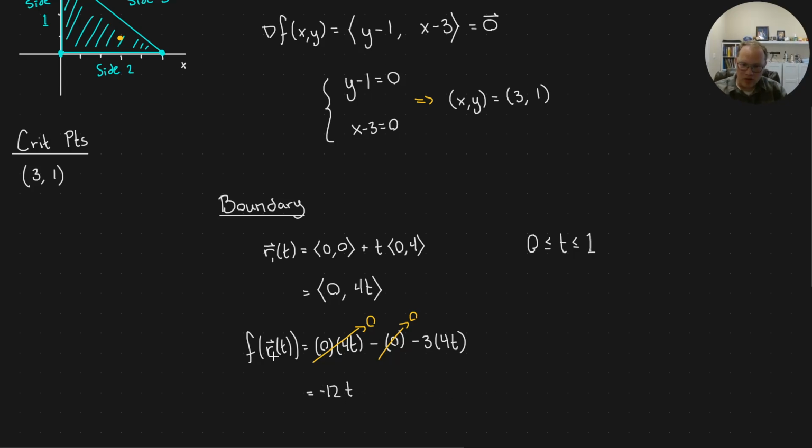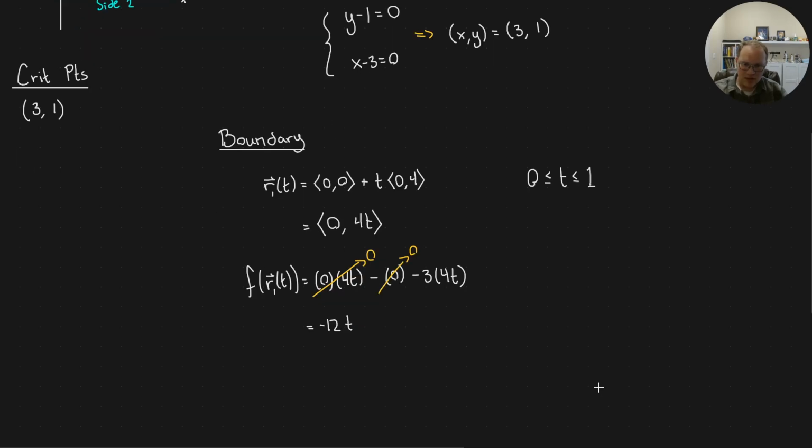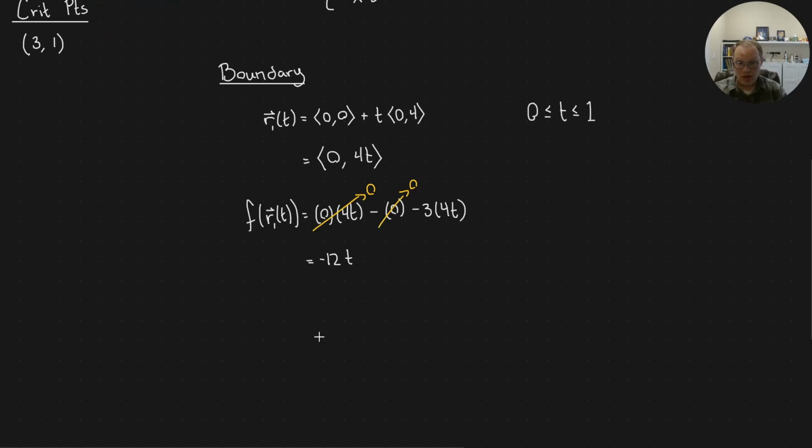I want to take the derivative of this to figure out any local maxima or minima along this curve. So take the derivative. Derivative of negative 12t is just negative 12. You could try to set that equal to 0, but it has no solutions, right?